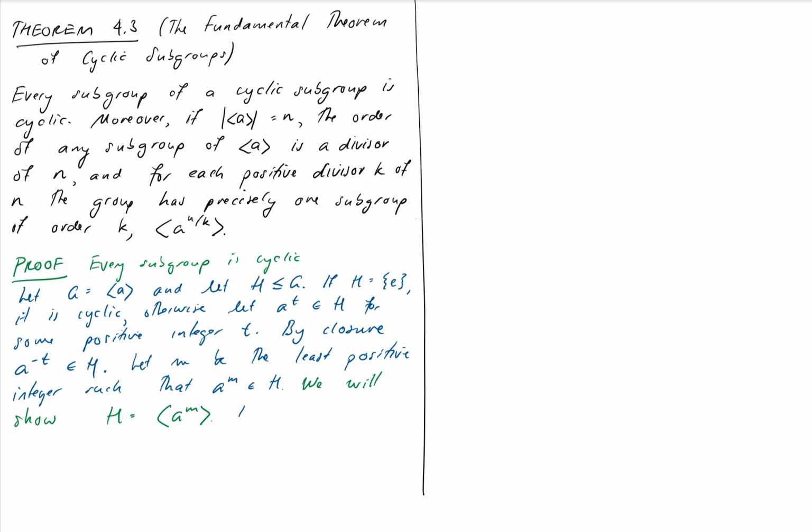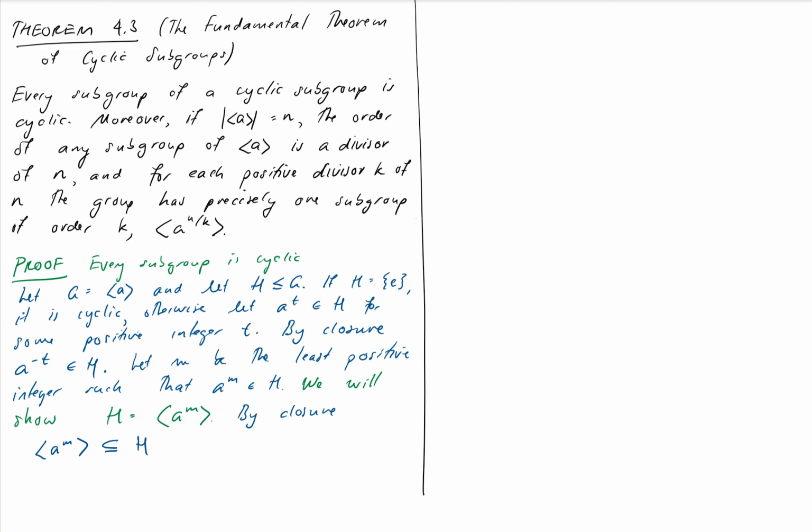Okay, so by closure, because a^m is in H, all powers of a^m must also be in H, so let's just put that on a new line. By closure, the cyclic subgroup generated by a^m is contained within H. It has to be, otherwise a^m couldn't be in H. Now we need to show that there cannot be any other things in H that are not in that cyclic subgroup generated by a^m.